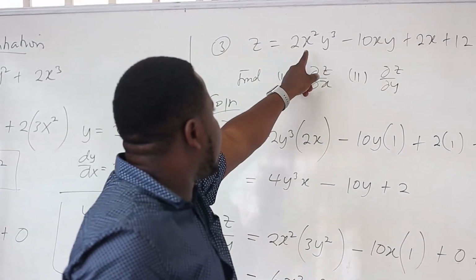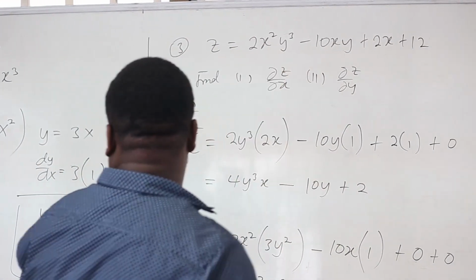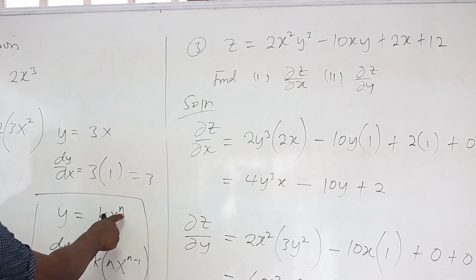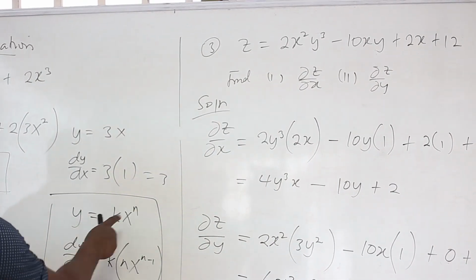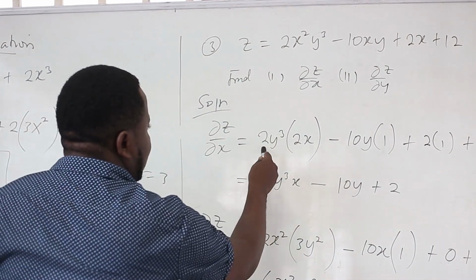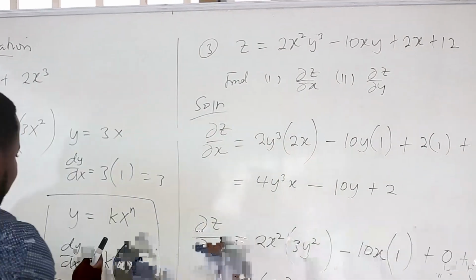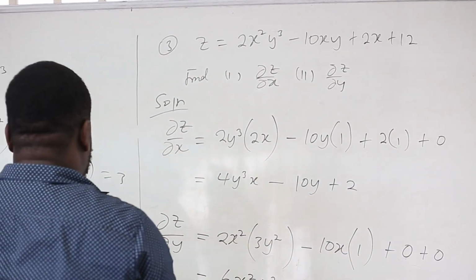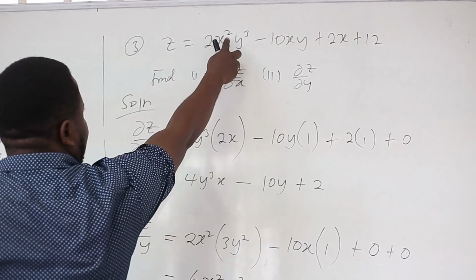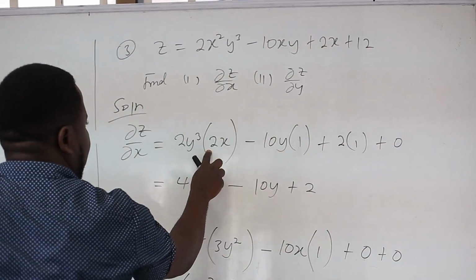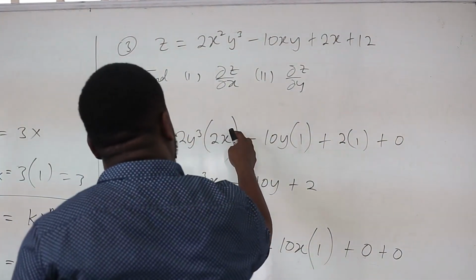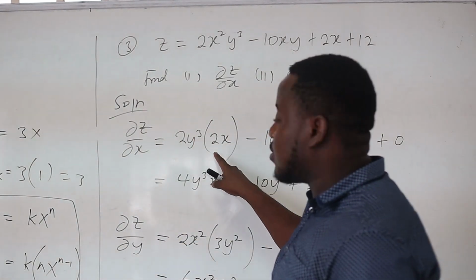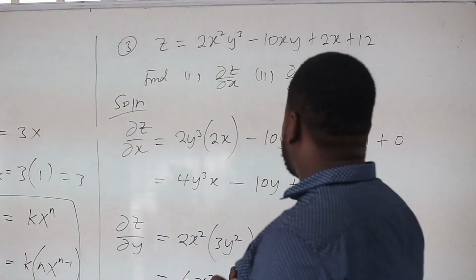Then we differentiate this x squared, so like x to the power n. So here our n is equal to 2. So this 2y cubed acts as k, right? Then we bring the 2 down, so 2x, so 2 minus 1 will give us 1. We don't write to the power 1, so that's why I just wrote 2x.